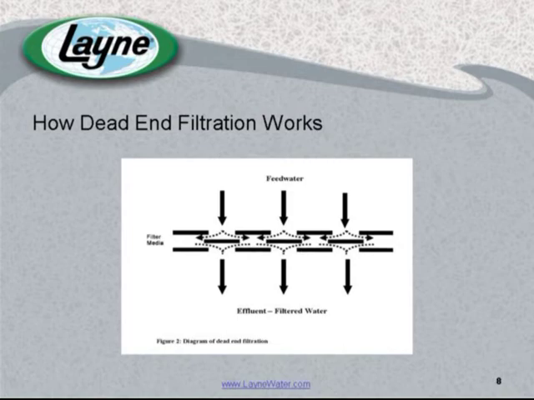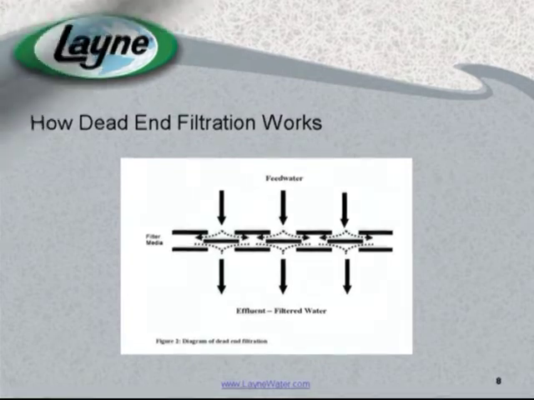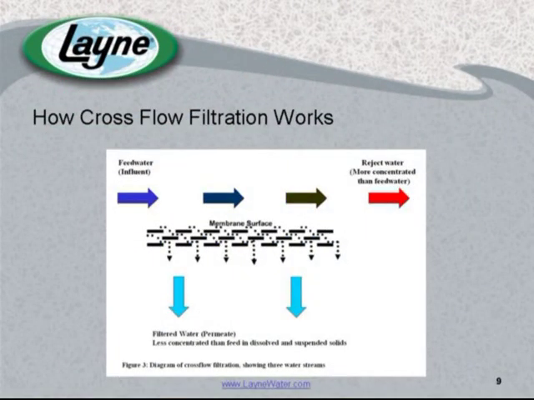Now that is different than how most membrane technologies work, which is through a process called cross-flow filtration. And in cross-flow filtration, what's different is you end up with three different water streams. You end up with the inlet water, and you end up with the clean water, often referred to as the permeate, but then you also generate a third stream, and that is known as the reject stream.